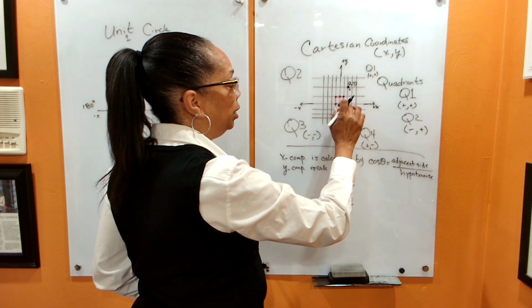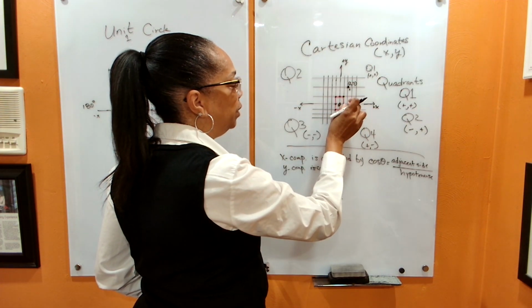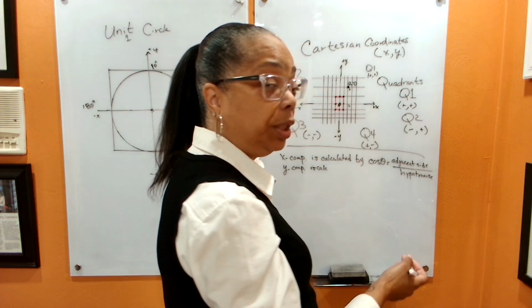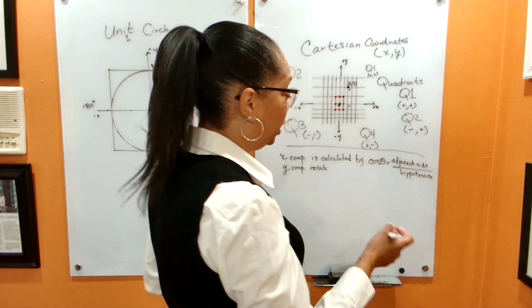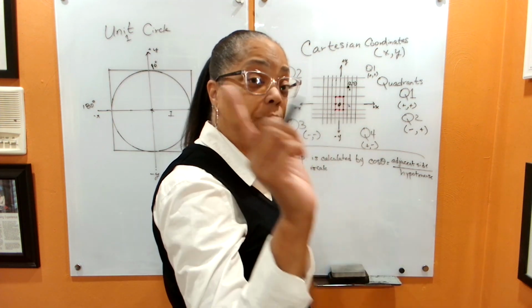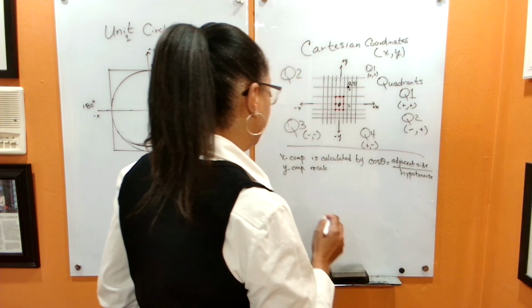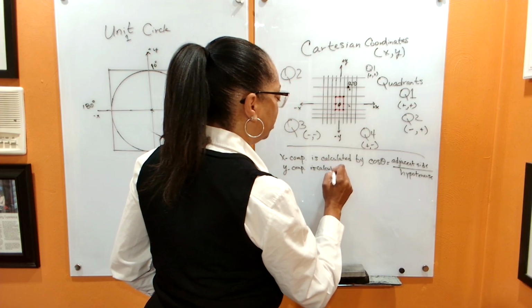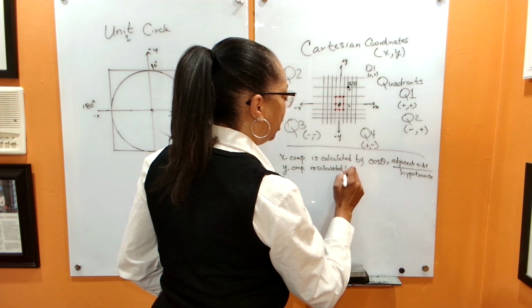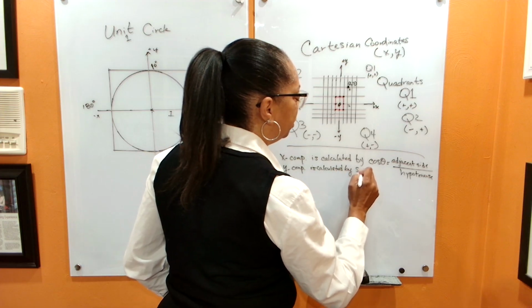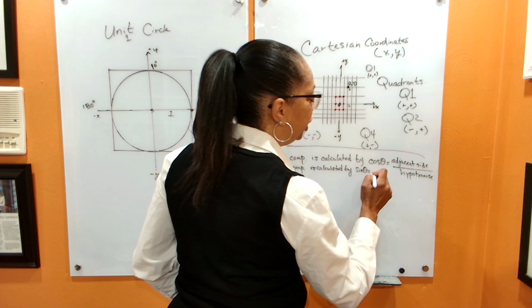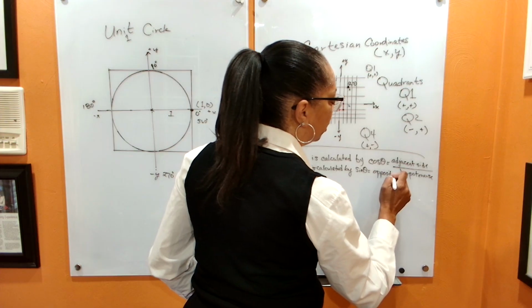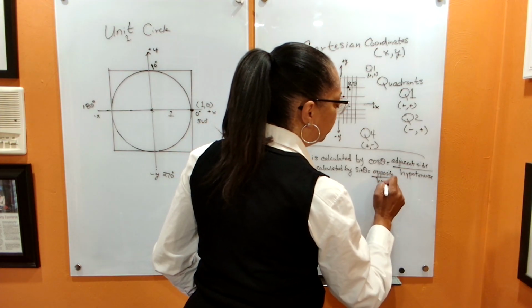Now mind you, yes, these little boxes, each of them have divisions in between where they could be 1.1, etc. That does not have anything to do with this unit circle right now. Okay? So, y is calculated by the sine of theta, which is equal to the opposite side over the hypotenuse.